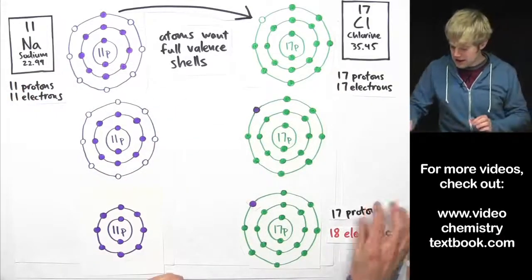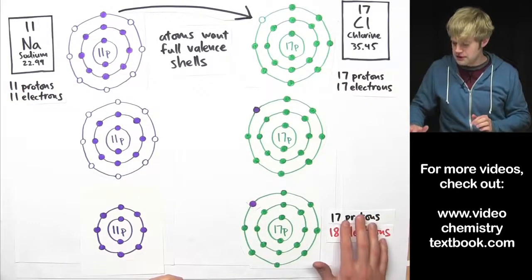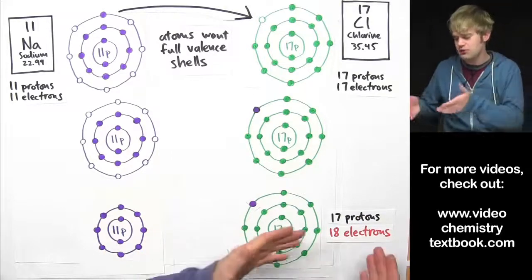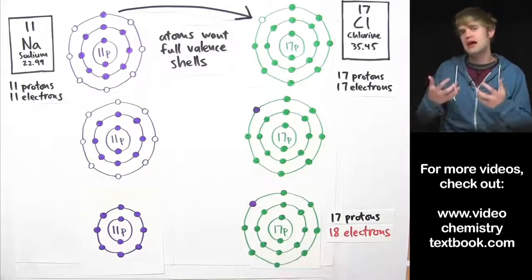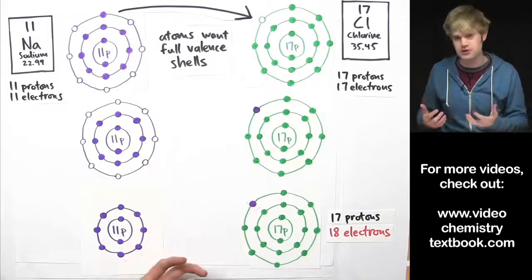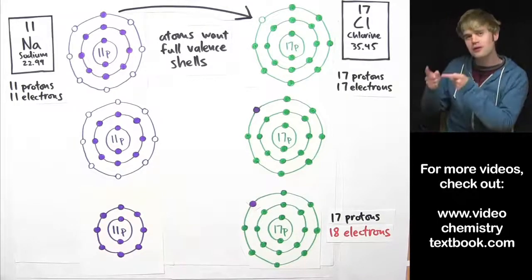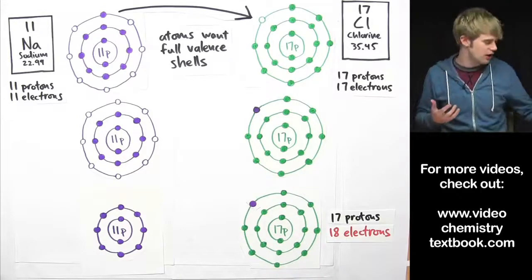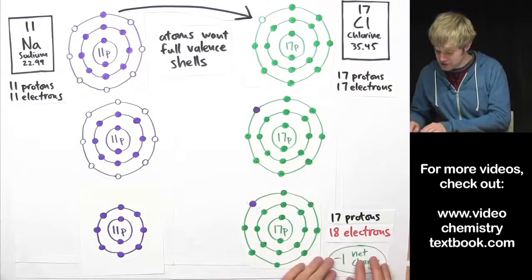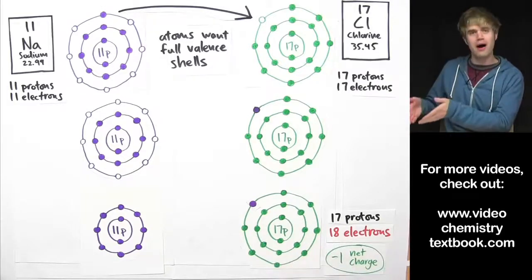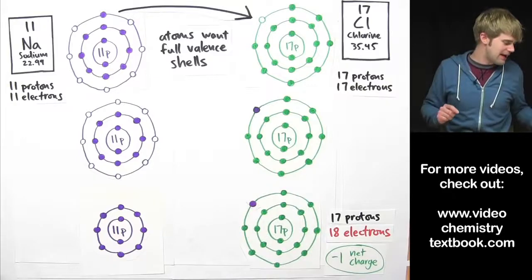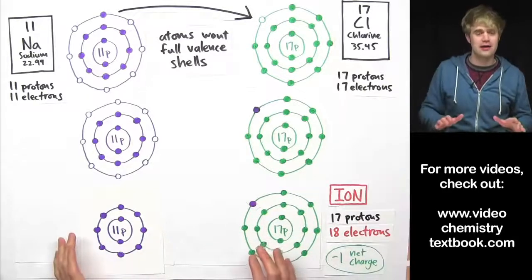So it's still got 17 protons, and it's got 18 electrons. But now there's an imbalance between the number of protons and electrons. It has more electrons, which means that it has a negative charge. It has a negative charge of 1 minus because it has one more electron that it got from sodium. And now we can call it an ion.